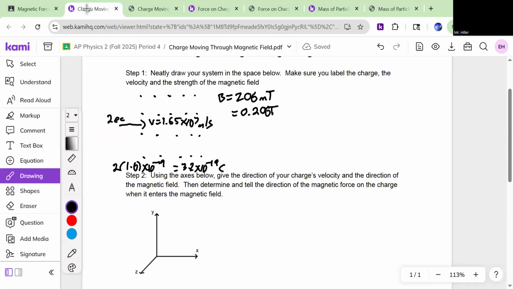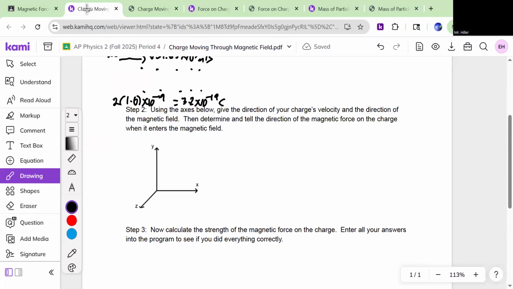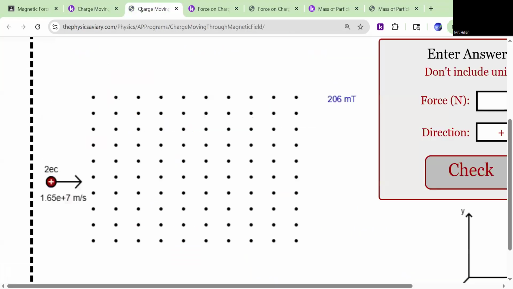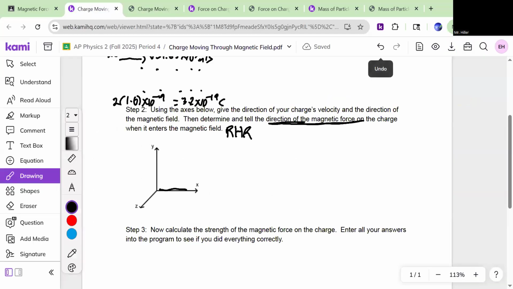Okay, so the first thing I'm going to do is it says use the axes below, give the direction of the charge and the direction of the magnetic field, then determine the direction of the magnetic force. So in other words, basically use right-hand rule to figure out the direction of the magnetic force. Well, my charge is moving in the positive x direction.